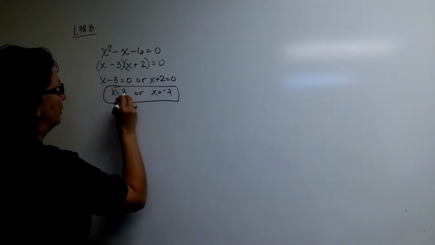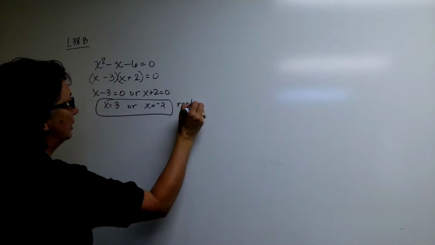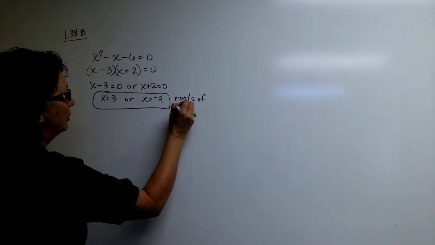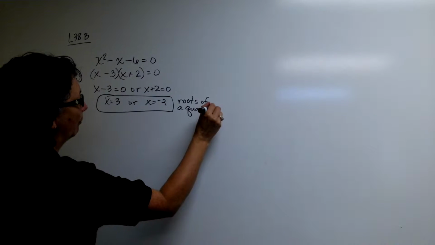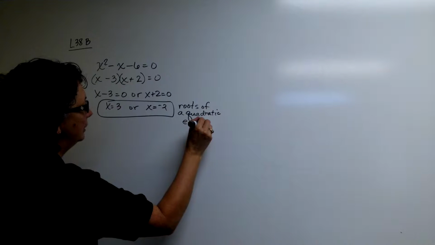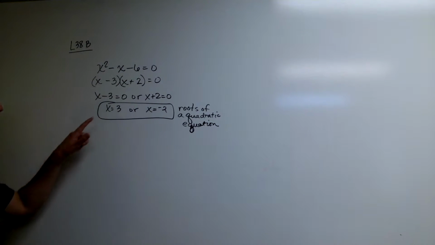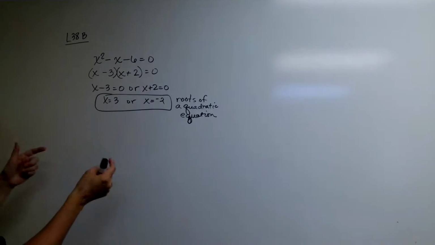These 3 and -2 are the roots of a quadratic equation. Those are the roots.